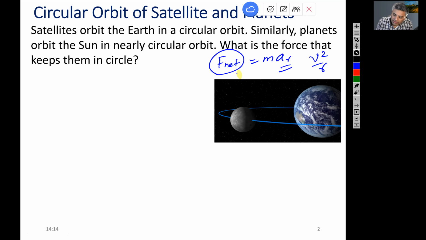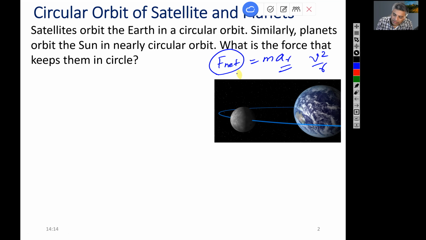So now let's use that equation. The force is towards the center, and acceleration is towards the center, so both of them have the same sign. So we can assume positive and write the equation like this.